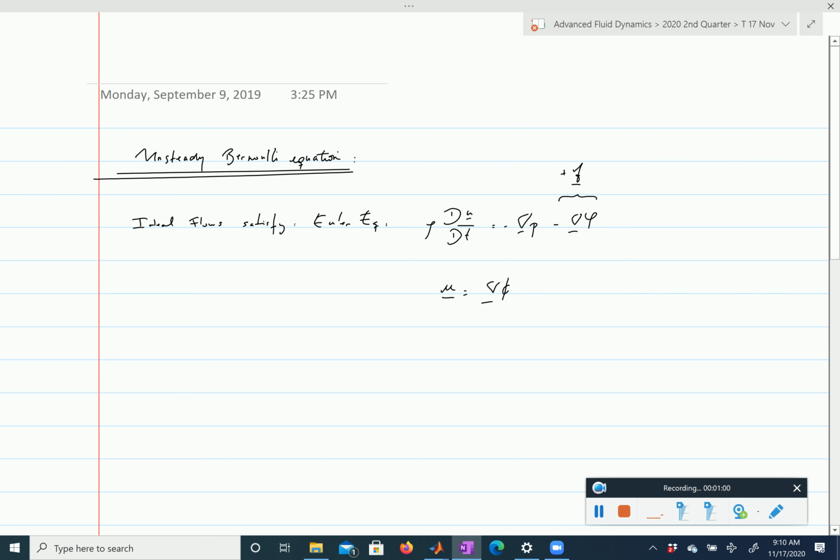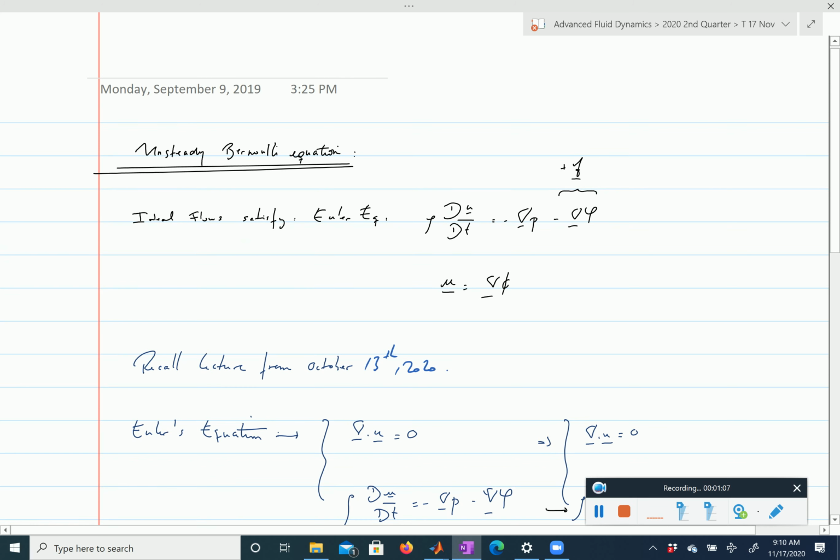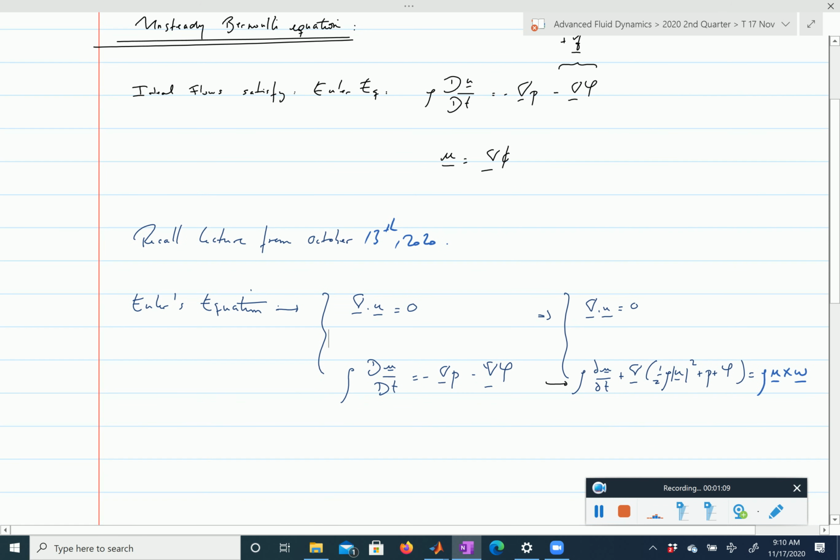Now, we've discussed flows that satisfy the Euler equation before, on the 13th of October. And by playing a little bit around with the u grad u term in this equation, we came to this equation here.